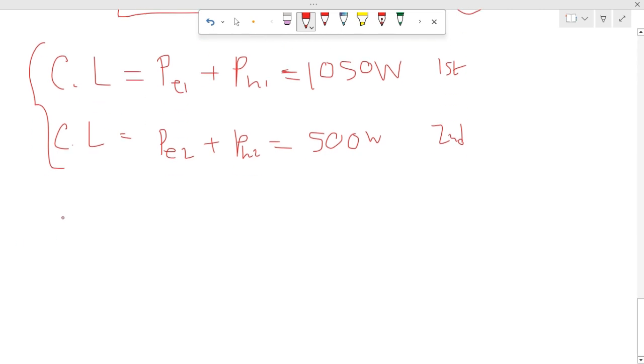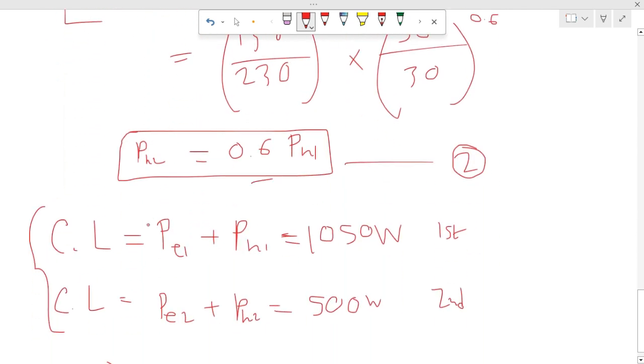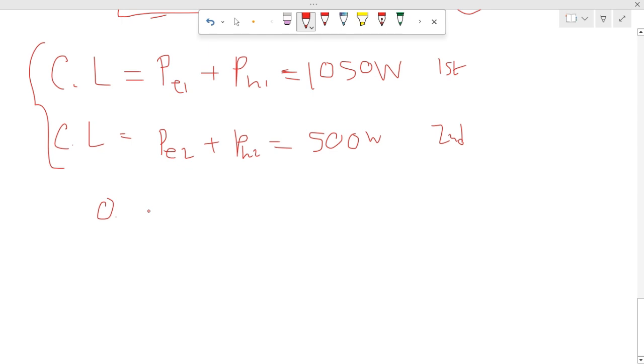Now I am putting the values I got here for PE2 and PH2, so I can write 0.36 PE1 plus 0.6 PH1 equal to 500 watt.